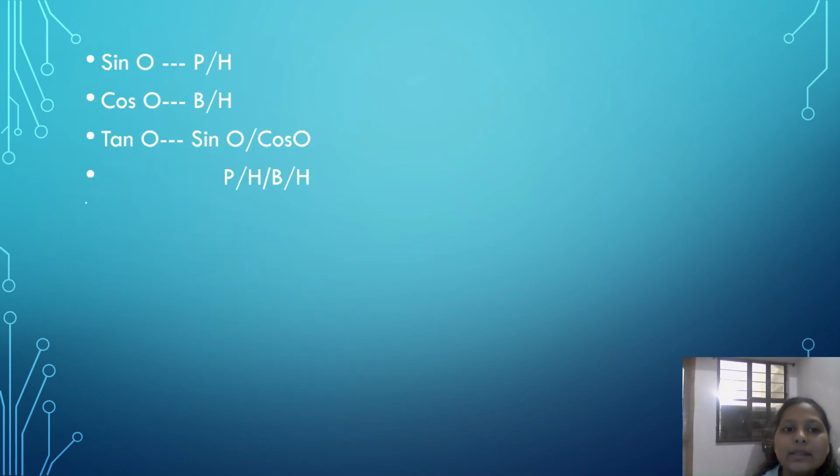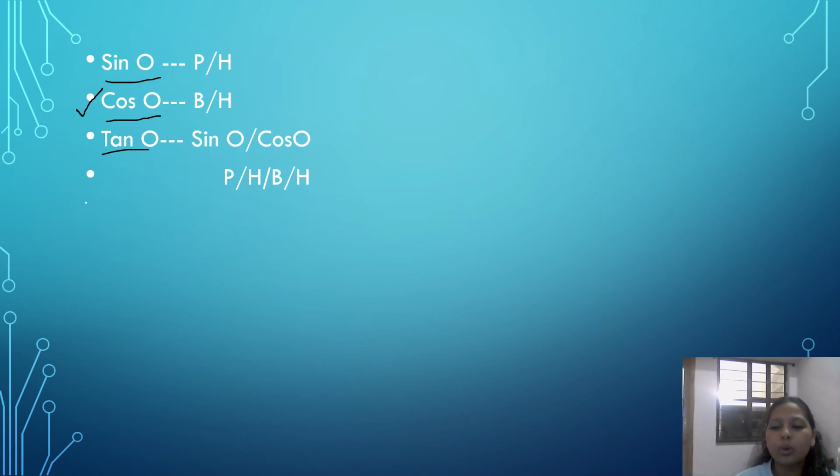Then if you will see, there are three kinds of theta: sin theta, cos theta, and tan theta, in which cos theta is really important. Sin theta and tan theta we will learn in the next class in more detail. Actually, you are going to learn all three in detail in 10th.